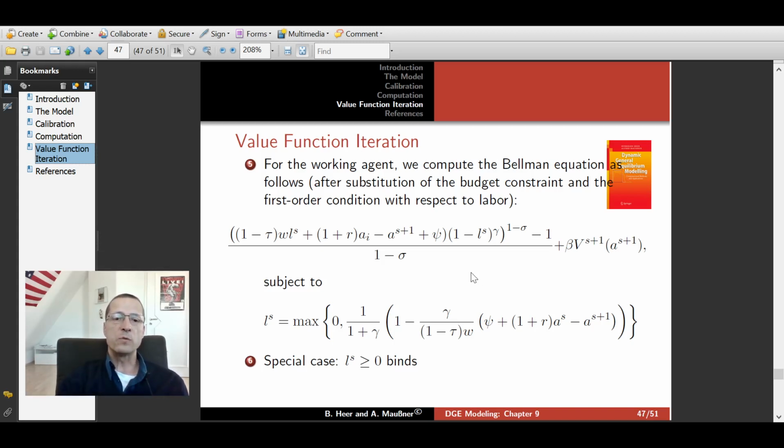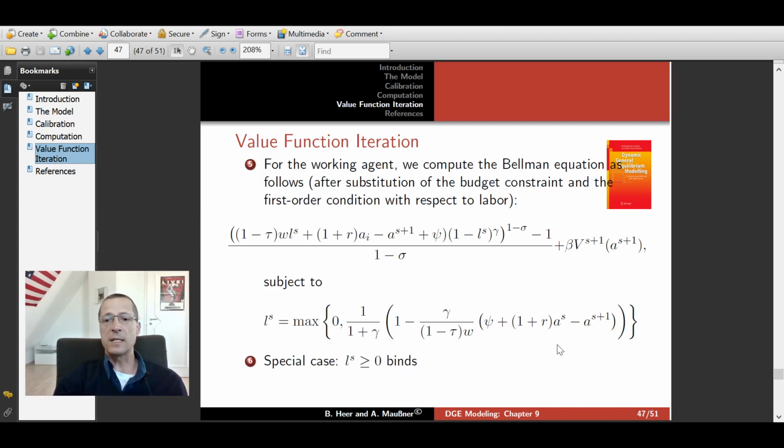Notice that we impose one more restriction here. So far we have been a little sloppy on the optimization problem. We also have to check if our optimal condition here for the labor supply implies a labor supply that's smaller than 0, so that our leisure increases above 1.